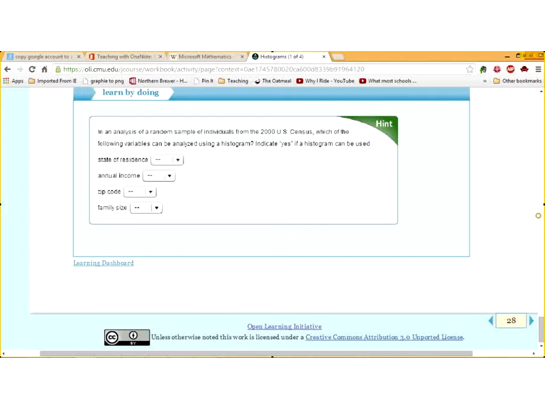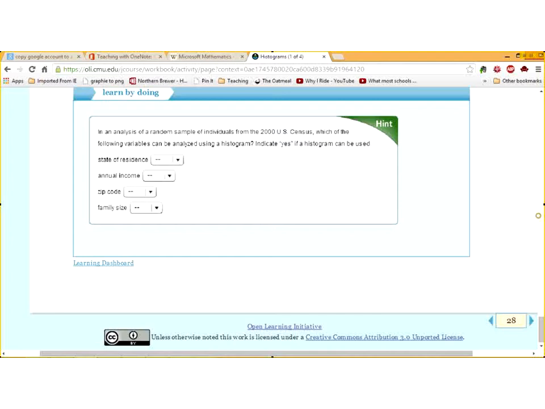Now, histograms are only for quantitative variables because your x-axis is just that, numbers, and that's where your variable measurements are, and your y-axis is where your counts are. You may think it's really like a bar graph, but it's different because in a bar graph you can put the bars in any order, but in a histogram they have to go in numerical order.